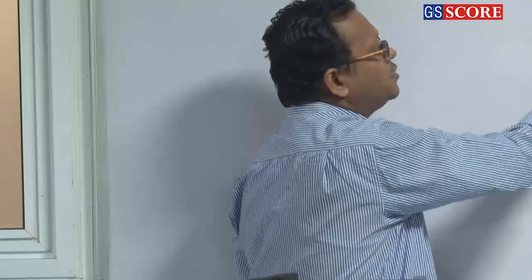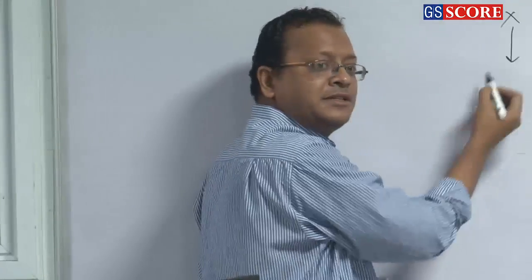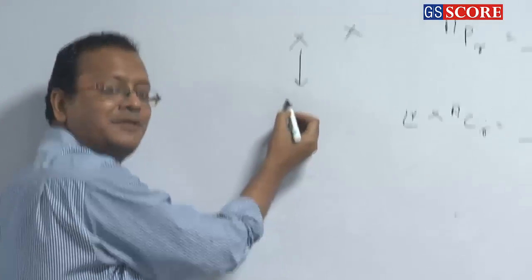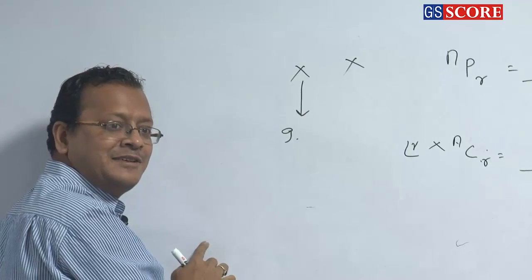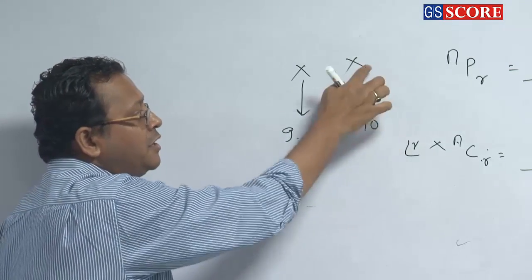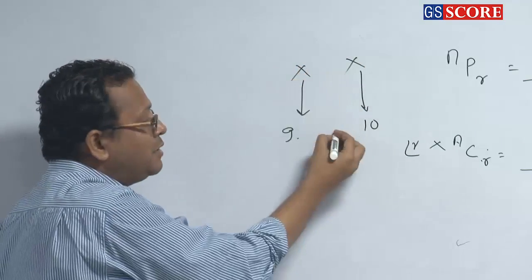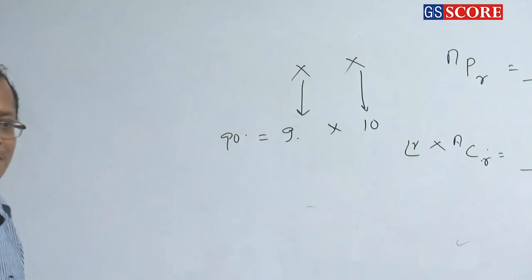Sir, these are the 2 digits. The first place can be filled up in how many ways? 9 ways, because 0 is not allowed here. The second place can be filled up in how many ways, sir? 10 ways. Filling of this is independent of this, so it is multiplication, so 9 times 10 is 90, isn't it? Clear or not?